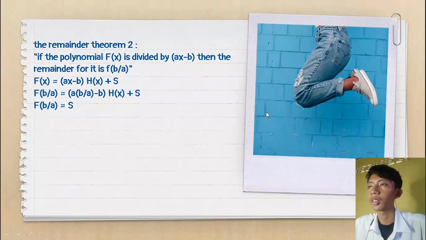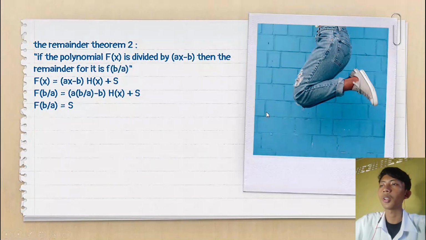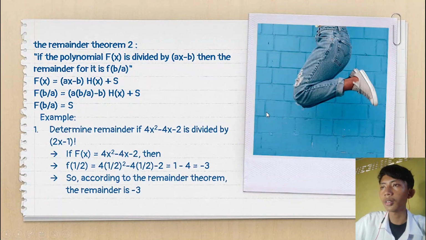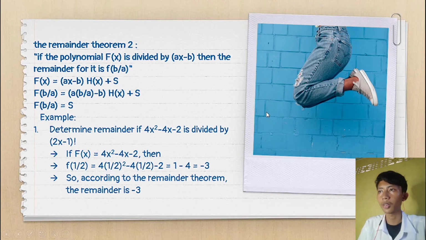The remainder theorem 2. If the polynomial f(x) is divided by ax minus b, then the remainder for it is f(b over a). And then, for example 1. Determine remainder if 4x squared minus 4x minus 2 is divided by 2x minus 1.